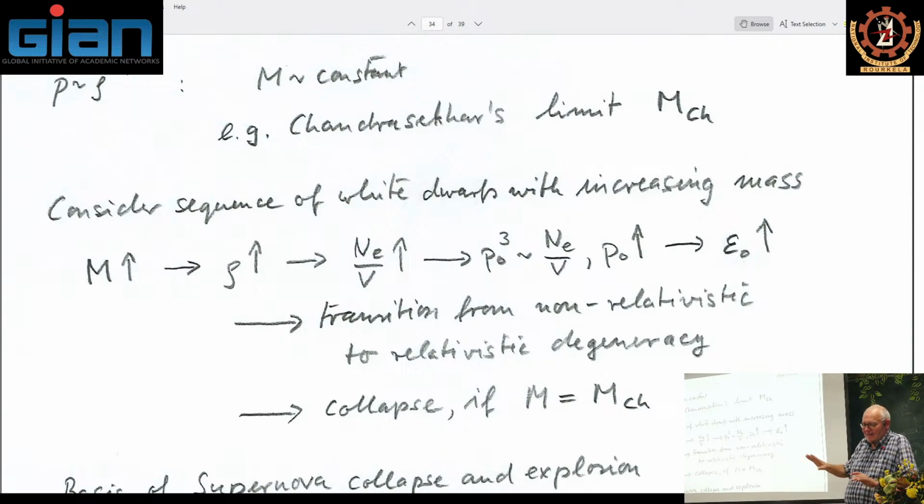Degenerate conditions, I will not go into the detail, means that there is a runaway, a thermonuclear runaway, because the star does not react to a temperature increase, because the pressure is made up by the electrons. During this collapse of the white dwarf, pressure is maintained by the pressure of degenerate electrons.